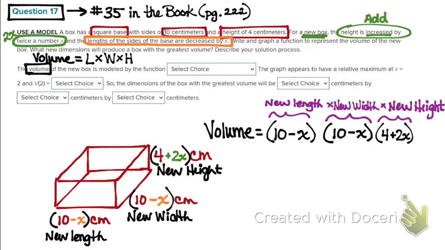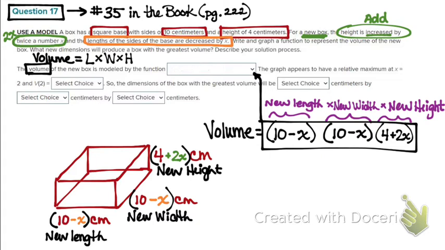That's what I'm going to put right here. I have length times width times height. This goes in this box: 10 minus x times 10 minus x times 4 plus 2x.